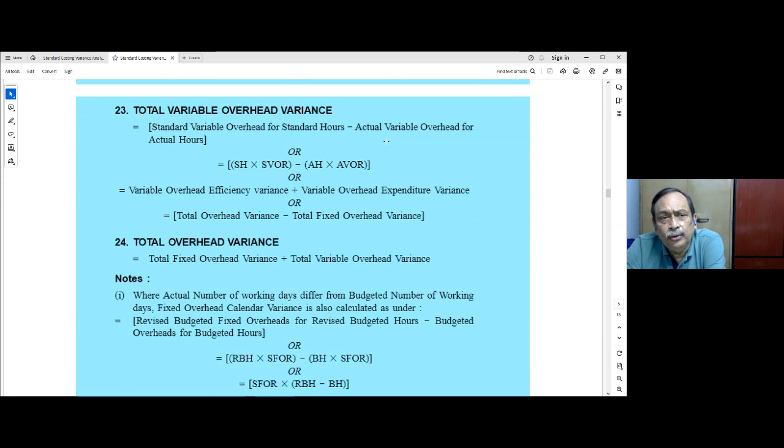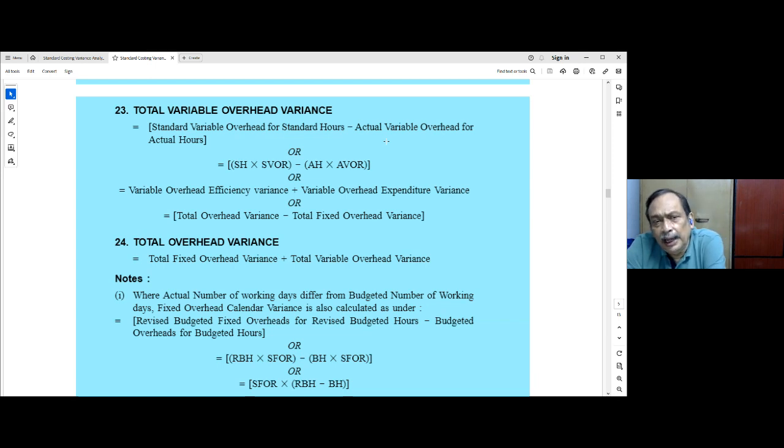Then total variable overhead variance, that is cost variance, that is standard variable overhead for standard hours minus actual variable overhead for actual hours. Or we may write it as SH into SVOR minus AH into AVOR.